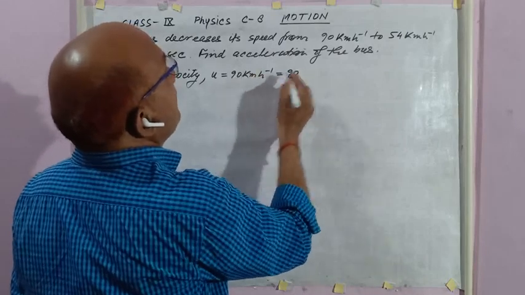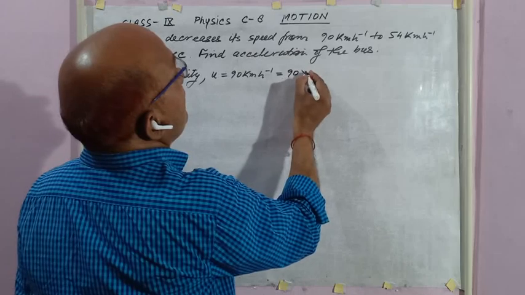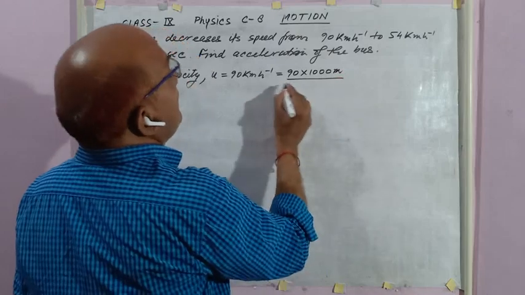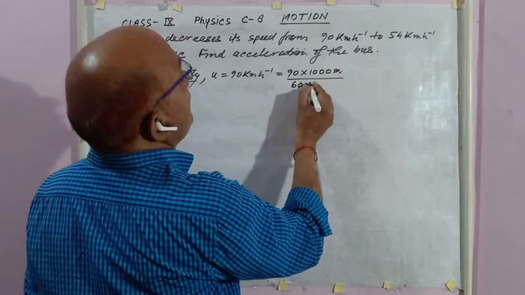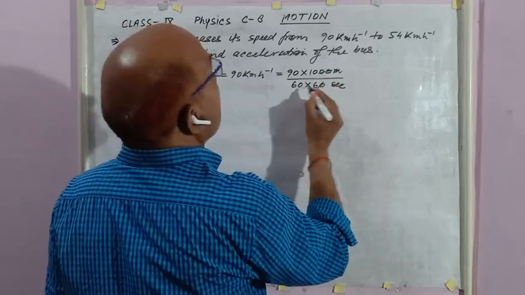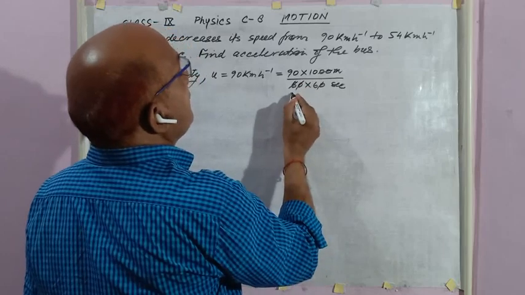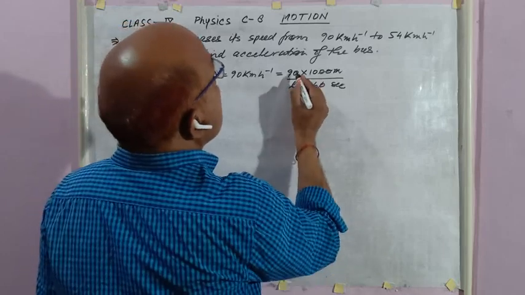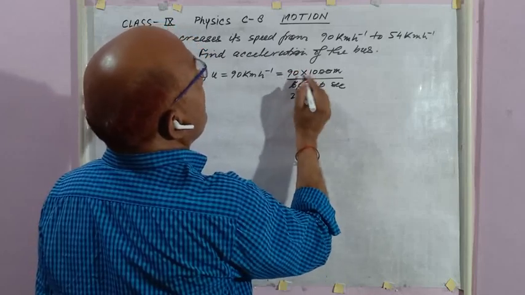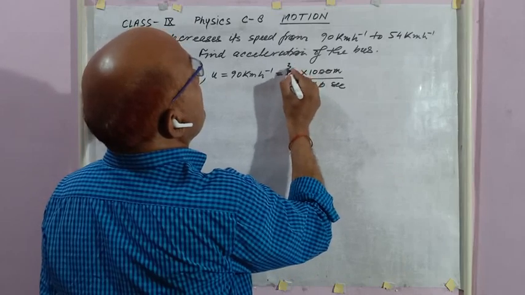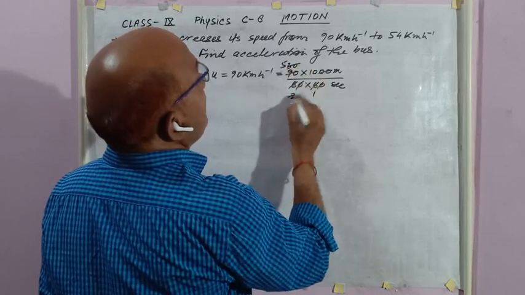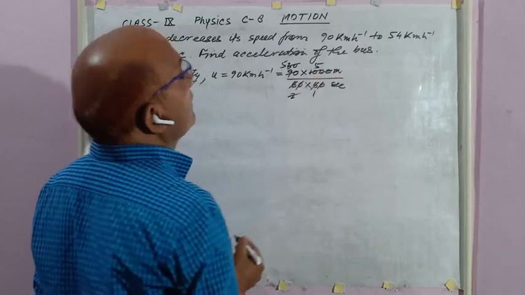To convert this, 90 into 1000 meter upon 1 hour means 60 into 60 seconds. 3 3s are 9, 3 2s are 6 and 3 3s are 9, 30. 6 1s are 6, 6 5s are 30, 2 1s are 2, 2 5s are 10.